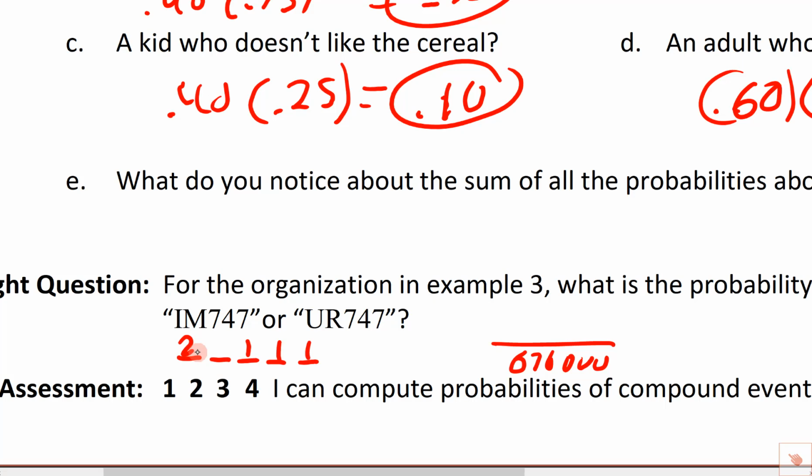Once the first one's an I, what's the only one that's acceptable for the second one? An M, so there's only one of them. And once you choose a U, there's only one that's acceptable, and that's an R. So if you multiply all those together, we get 2 out of that, which is 1 out of 300,000 or whatever.